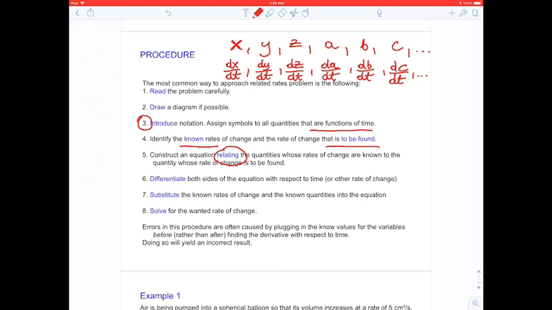Then, since we're looking for the relation between the rates of change, we will differentiate. And after the derivative, after having a relation of the rates of change, we will substitute all of the given information, all of the given quantities, and then solve whatever we were asked to solve for.